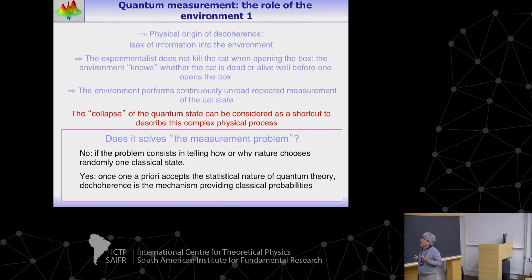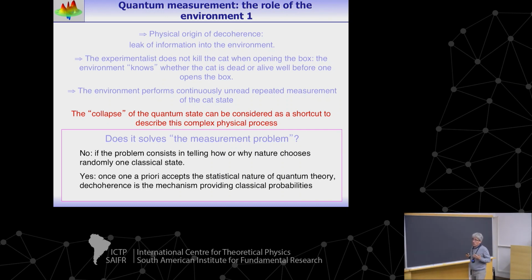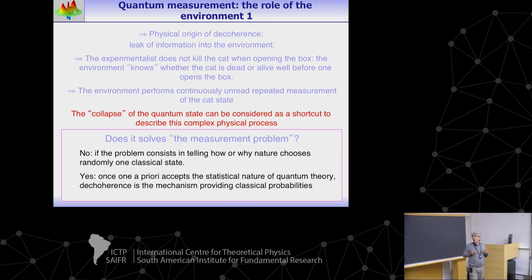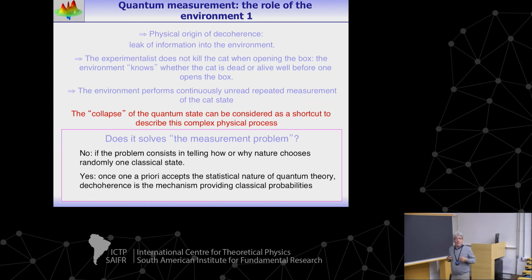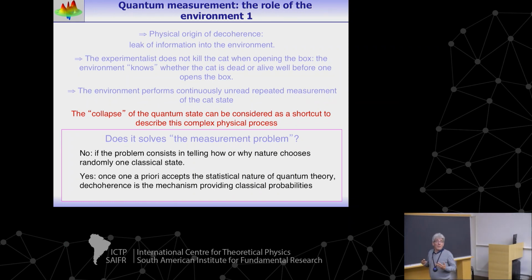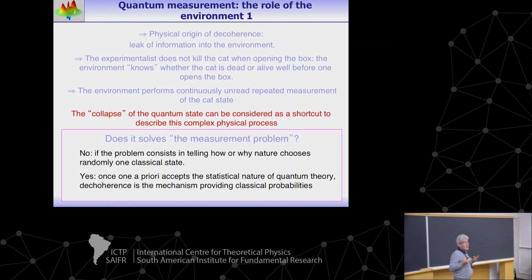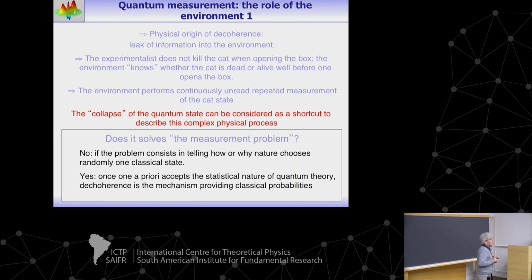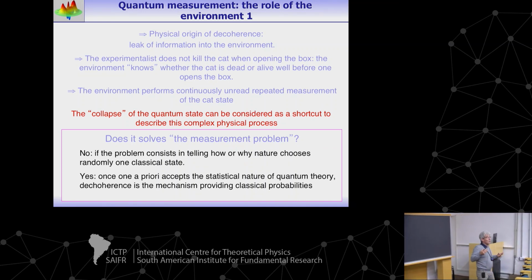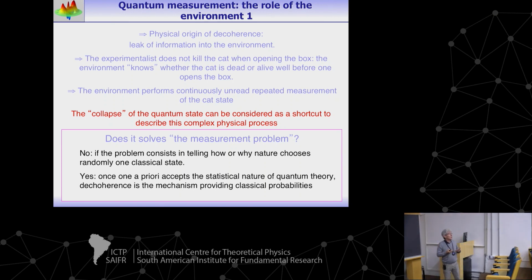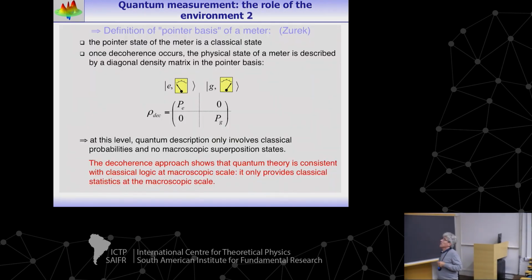And once you accept this as a first postulate, then the decoherence approach tells you that quantum theory is a self-consistent theory. You cannot find contradiction, and you understand why the probability of measurement results does not involve Schrodinger cat states as soon as decoherence occurs. So I think that's what we learn from this decoherence approach.